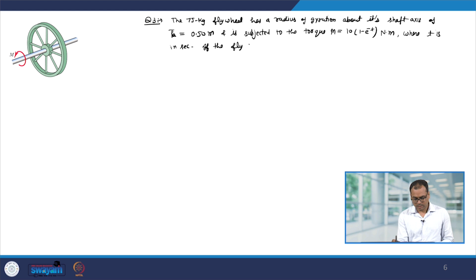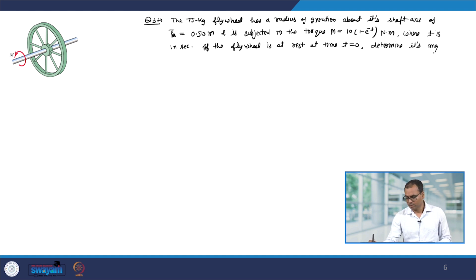If the flywheel is at rest at time t equal to 0, determine its angular velocity omega at t equal to 3 second.